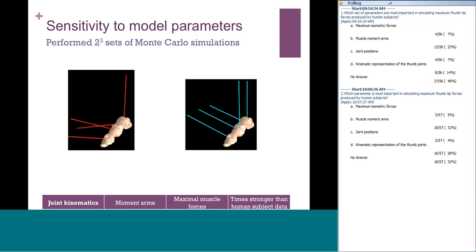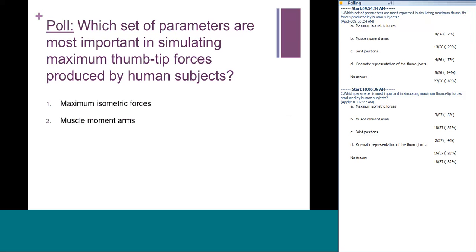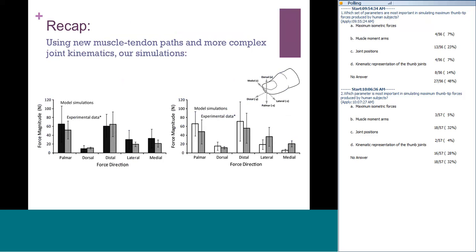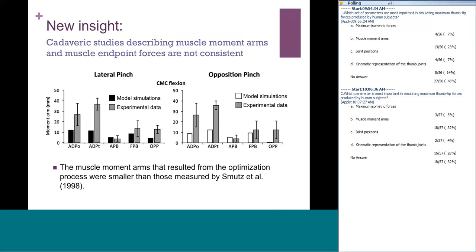The moment arm data from the literature is one joint at a time. If you go to Sarah's paper, you can see the moment arm comparisons for individual joints. My understanding of the data is that for each degree of freedom, they did the tendon displacement method and made sure that the other joints in the thumb did not move.